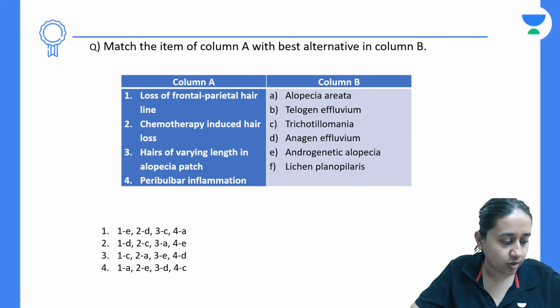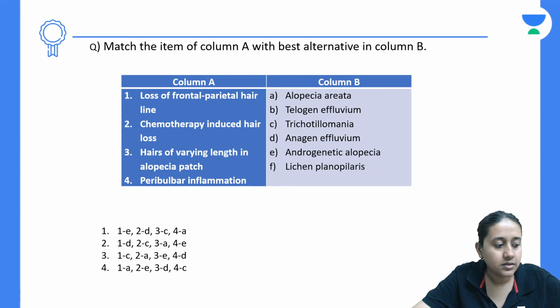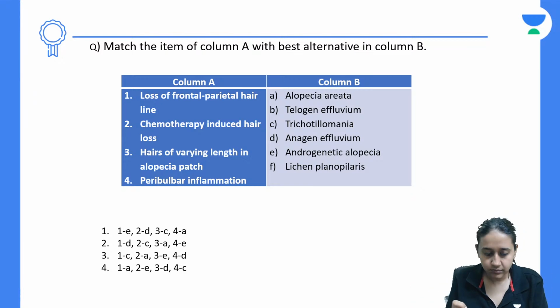Match the item of column A with the best alternative of column number B. Loss of frontal parietal hairline, chemotherapy induced hair loss, hair of variable length in alopecia patch, or peribulbar inflammation.